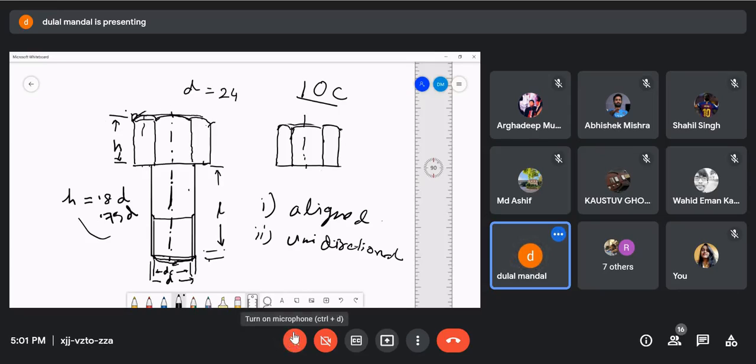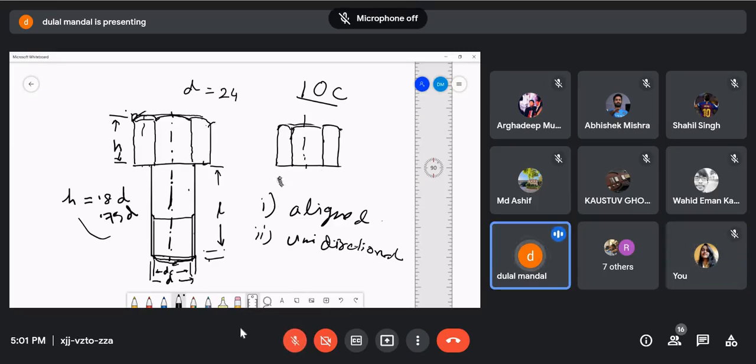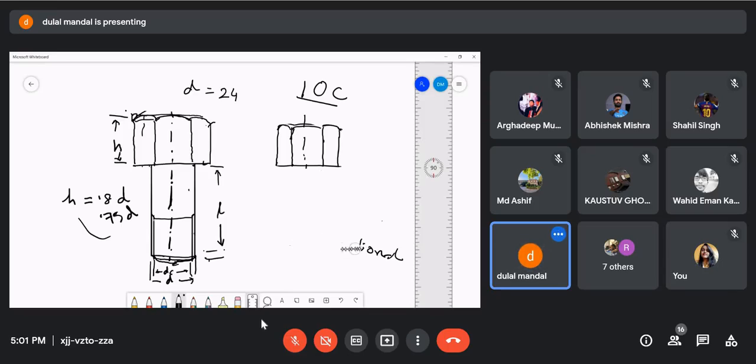So this should be taken care of. Align method is one kind of dimensioning method and unidirectional is another kind of dimensioning method. That means how you put the dimension of each of the parameters, each of the sides, each of the corners, angles, whatever.